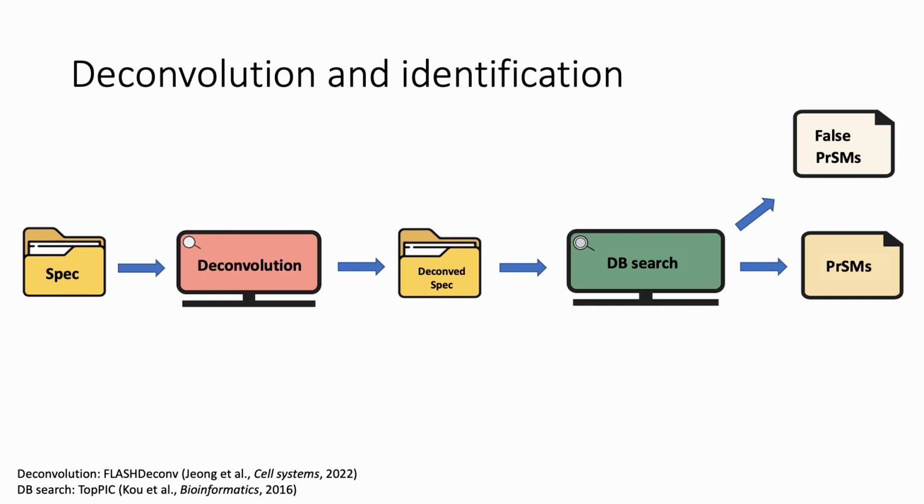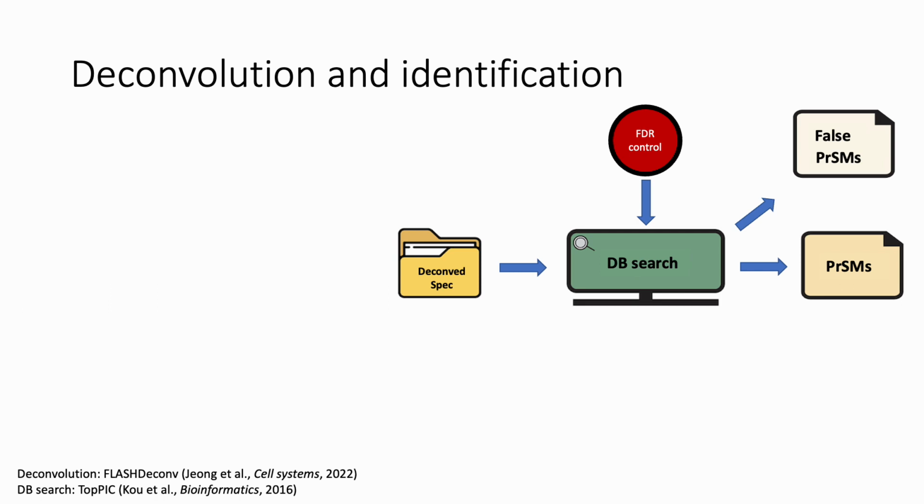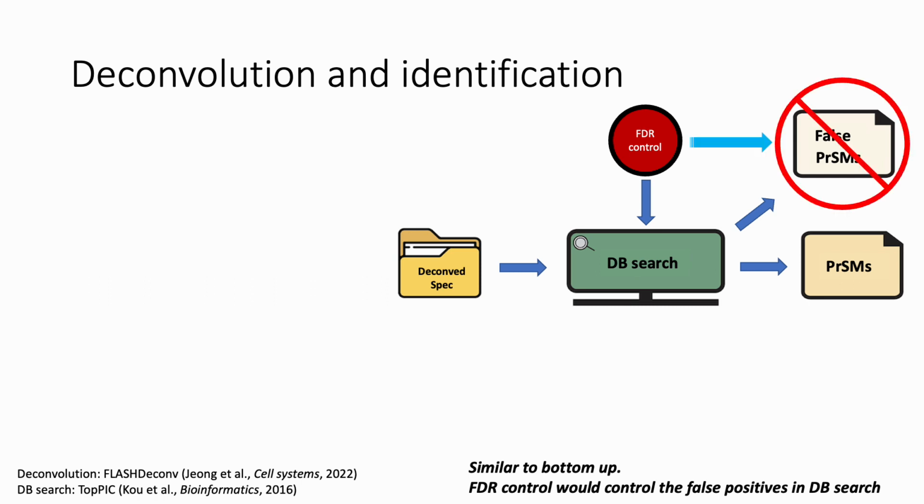And we always have uninvited guests, false PRSMs. In most top-down identification pipelines, the FDR control is done during the search. If we skip the first part, the deconvolution, then this is almost identical to the bottom-up peptide identification pipeline. So we expect FDR control to effectively remove these false PRSMs as in the bottom-up case.